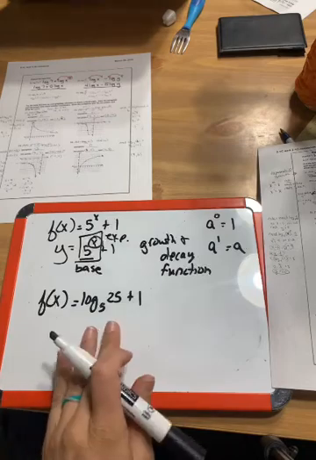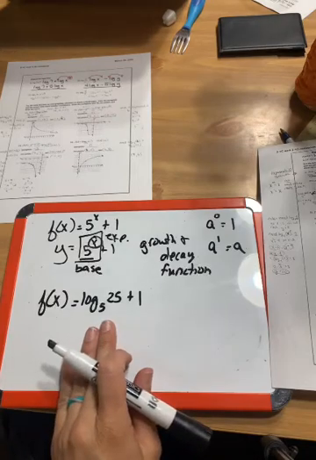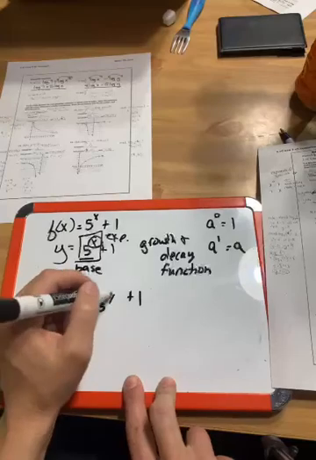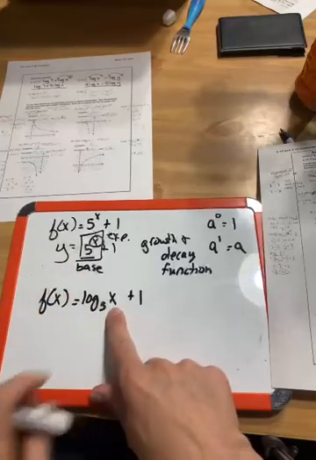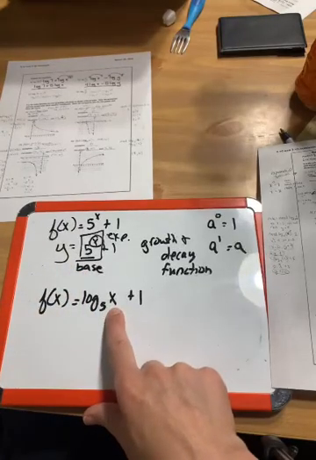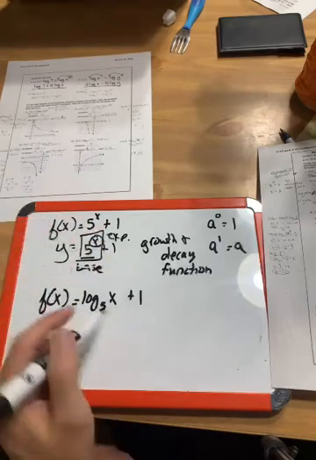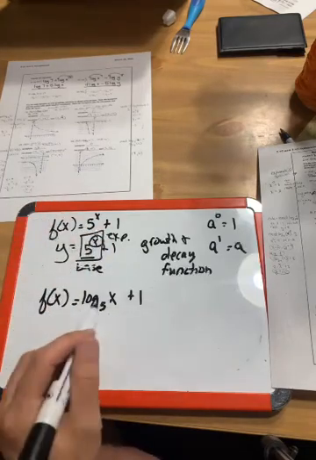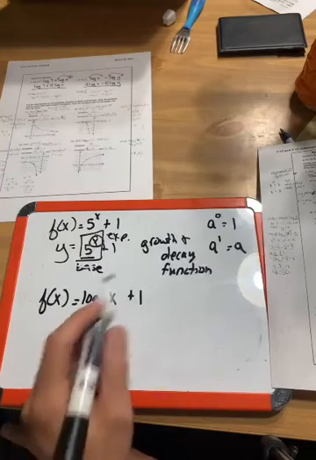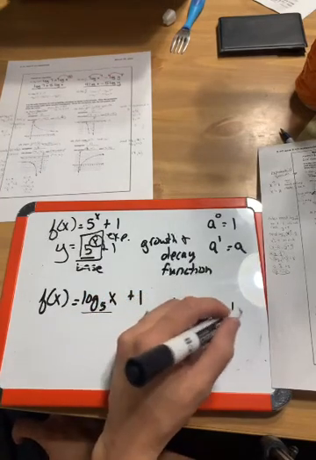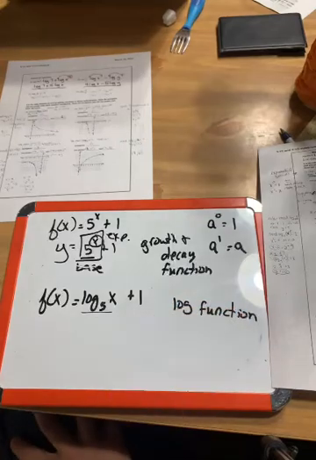Okay, so now I actually have a log, with an x where we don't know what the answer was for that. So now I'm not putting it in an exponent form. I'm putting it in a log form. When it is a log form, this is a log function, and they are graphed differently.